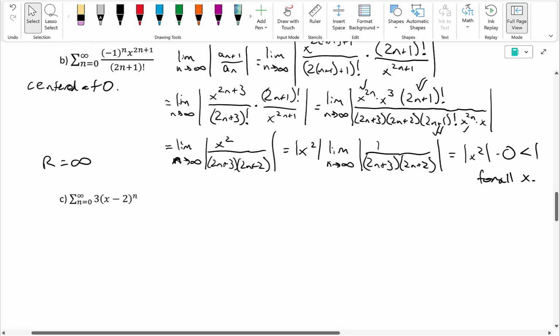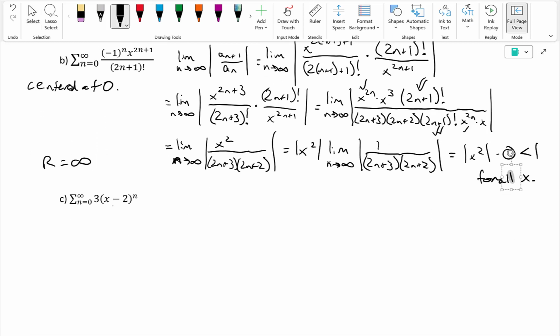All right, for C, we've got our summation n equals 0 to infinity of 3 times quantity x minus 2 to the n. So you can see different center here. We're centered at x equals 2. And if we take our limit to find out where we're convergent, we've got our limit as n approaches infinity, a sub n plus 1 over a sub n.